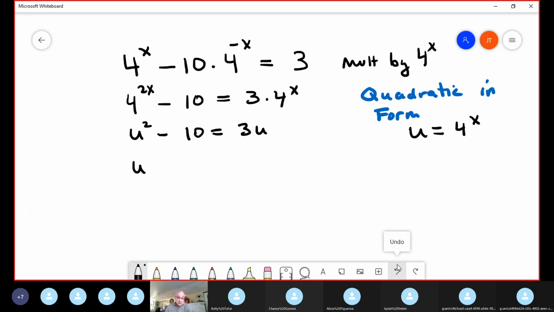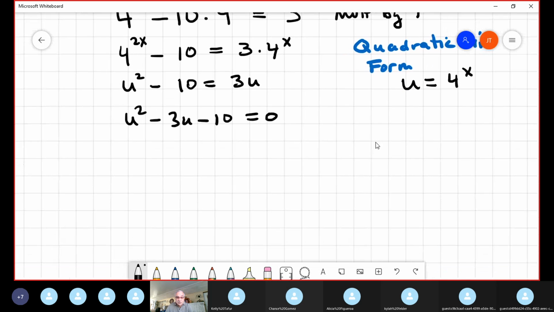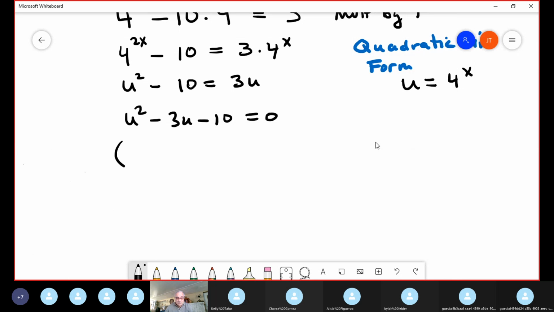Let me write it in standard form: u squared minus 3u minus 10 equals 0. Ready? This is an easy elementary quadratic equation. In this case, I suppose it's easy to solve by factorization, because I know the combination is 5 and 2. 5 times 2 is 10, and 5 minus 2 is 3, negative here and positive here, right? Equal to 0.